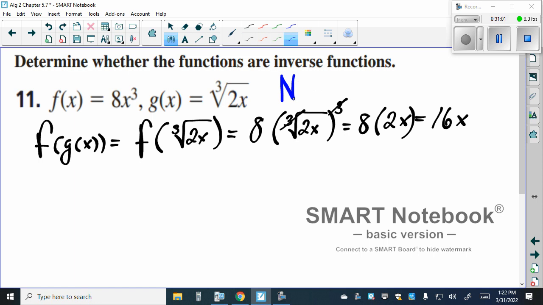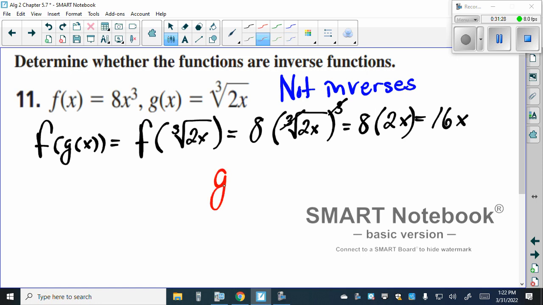No. I don't even need to find g of f of x. Because again, if they're inverses, f of g of x and g of f of x have to be the same thing. More specifically, they both have to be x. Because if they are not both x, they're actually not inverses. So we can actually stop here.